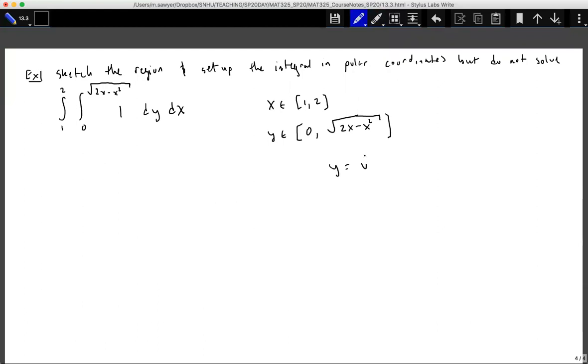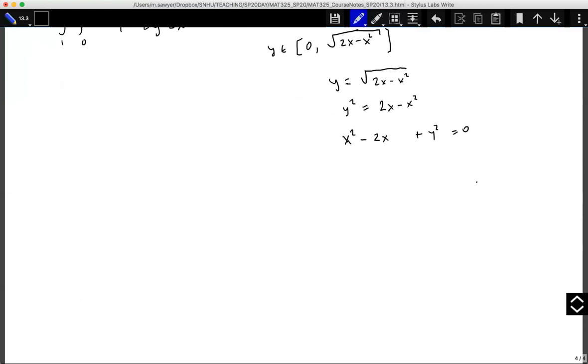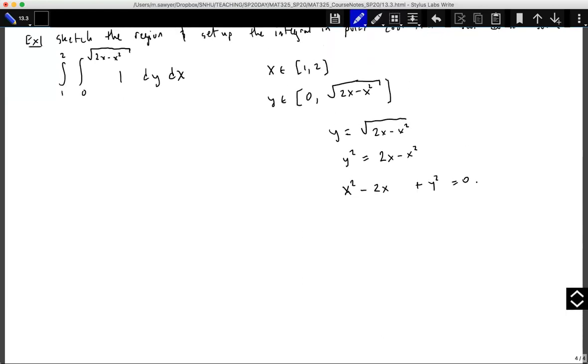So let's take a look at this. y equals the square root of 2x minus x squared. Square both sides: y squared is equal to 2x minus x squared. Move things over, so x squared minus 2x plus y squared equals 0. So this looks like it has components of a circle, but isn't quite there yet.